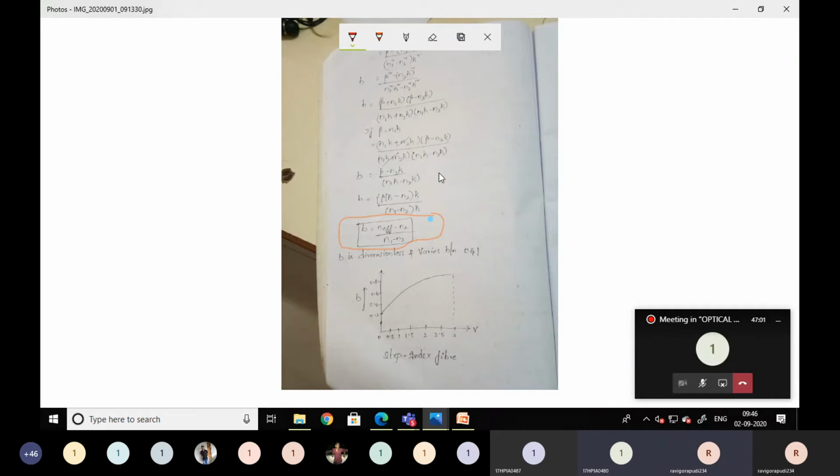Actually, that range is between n1k and n2k. In the summation term the approximation is similar, but if you take it in the negative term, that is not equal.